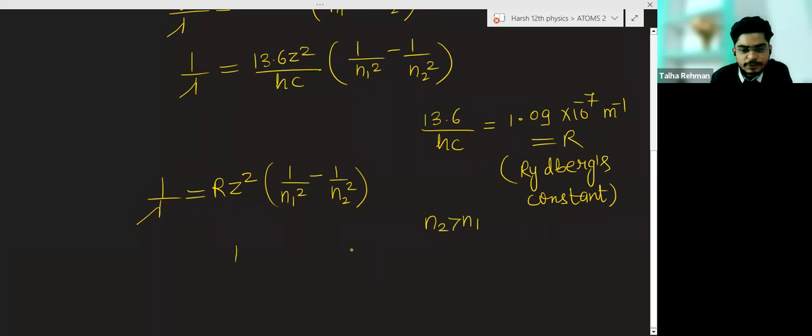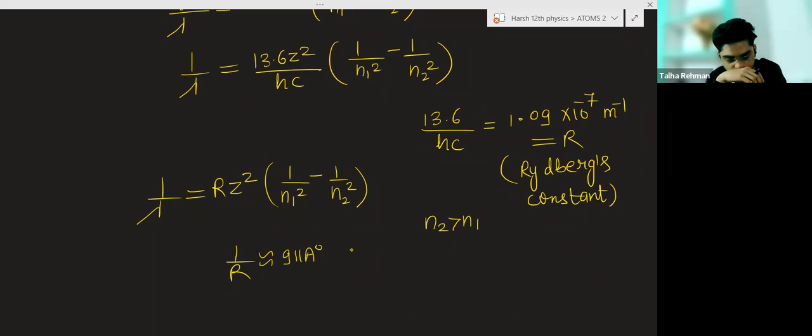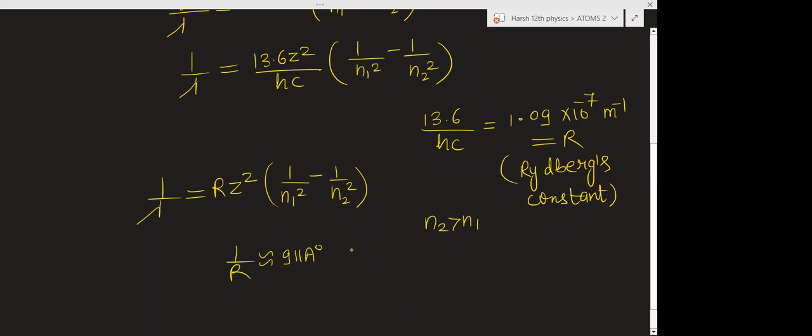And one thing you have to remember: the 1 by R value you can approximately put as 911 angstrom.